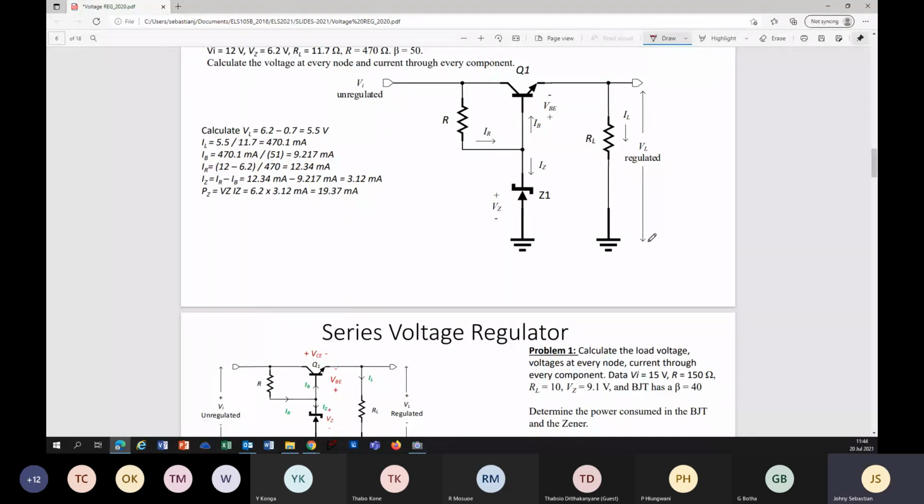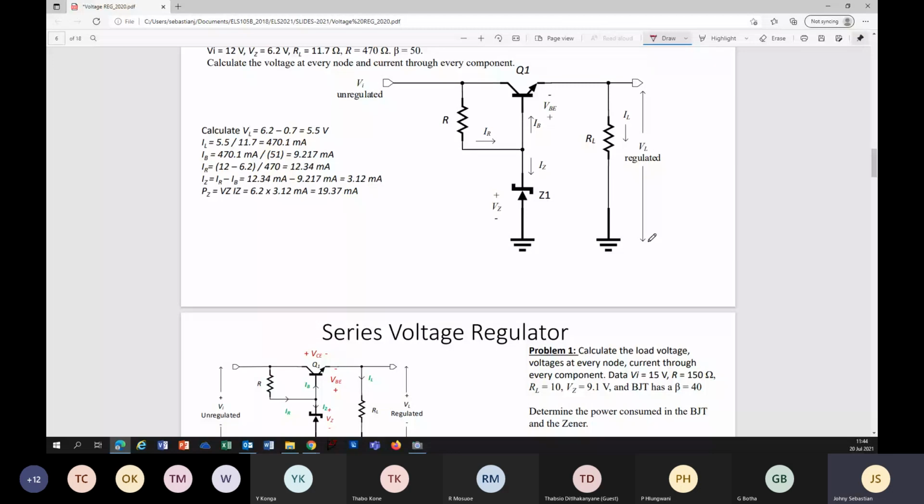Let me find another sheet of paper. Study the circuit as I am preparing myself. I'm writing the data onto the same diagram. VI unregulated, 12 volt.